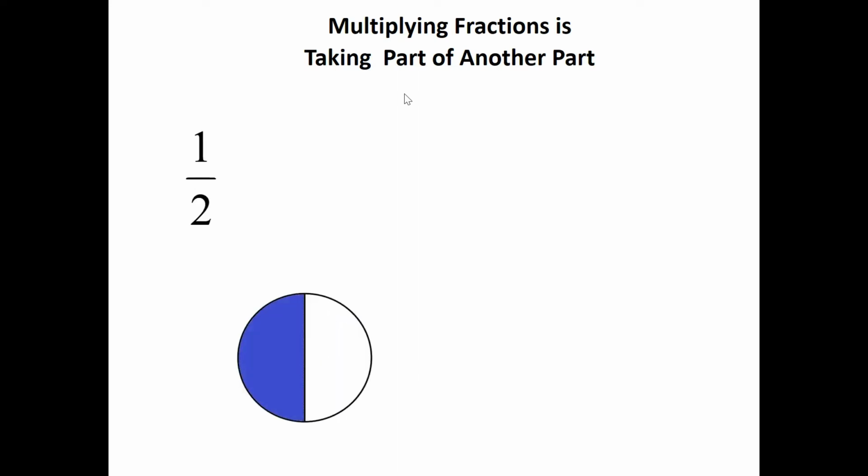Ngayon, yung example natin kanina, doon sa multiplication of fraction na 1/2 times 1/2, ipapakita lang natin sa parteng ito yung sa figure. Katulad ng sinasabing, ang multiplying fraction is taking part of another part. Halimbawa, 1/2. So, yung shaded part ay 1/2 times 1/2.